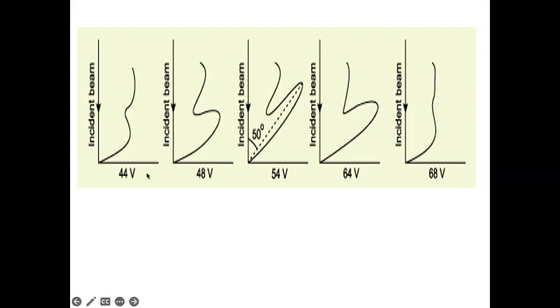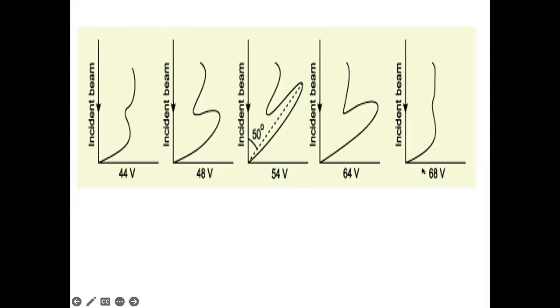We observe that from all these graphs, one particular graph has a maximum hump. This hump is formed at a scattered angle of 50 degrees and a potential of 54 volts. After that, when we increase the potential, the hump decreases.